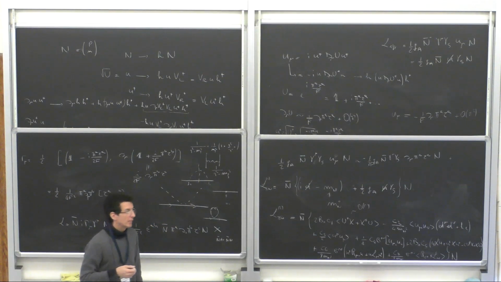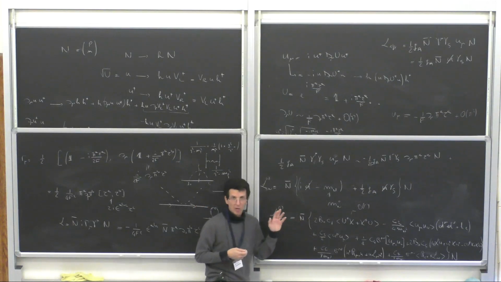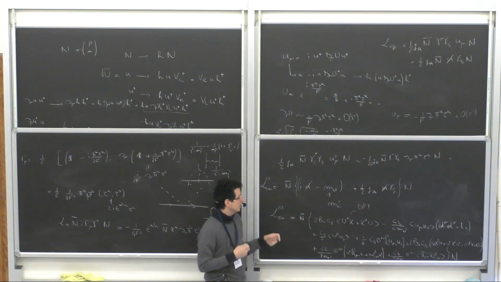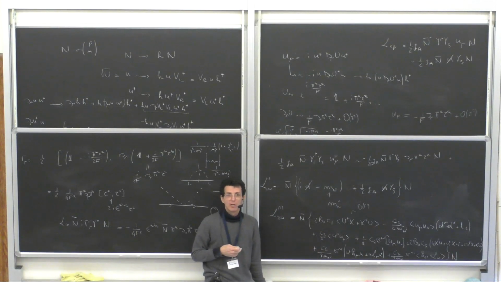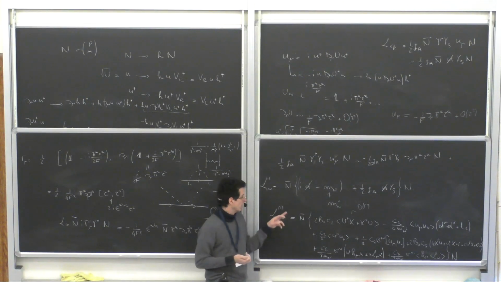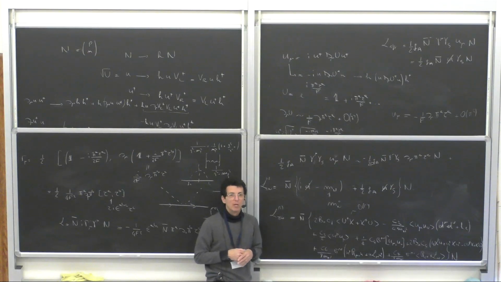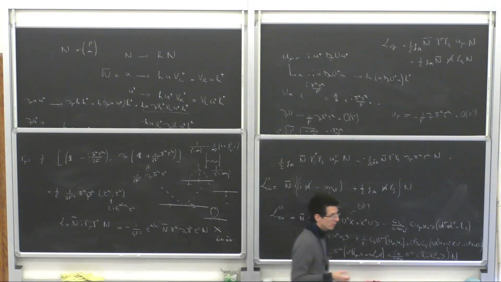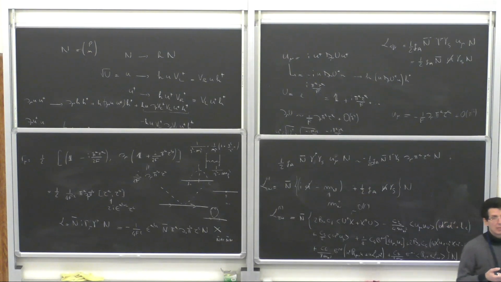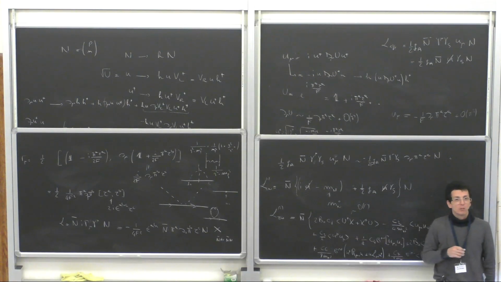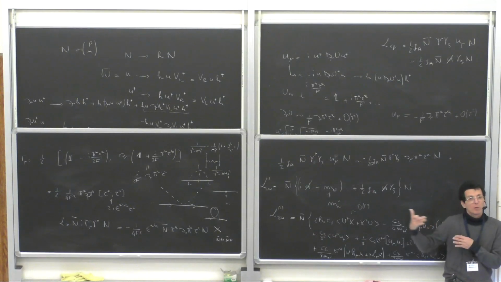All that is unknown at this order in the low momentum expansion is contained in these coefficients, C1 until C7. These are the low energy constants appearing in this L2. We don't know them. We could know them if we could solve the QCD, but we can take them from the experimental data. Okay, we take 7 observables and then use these observables to determine the value of these low energy constants to make predictions.